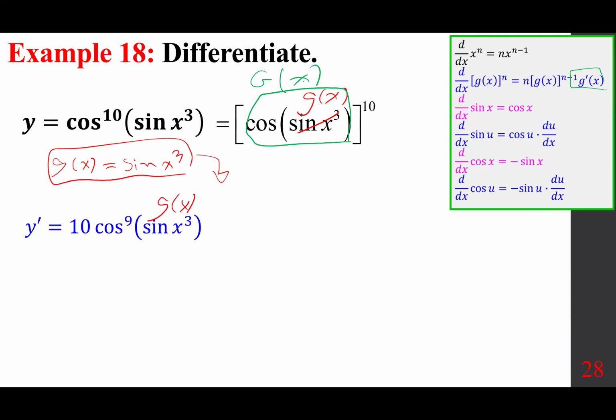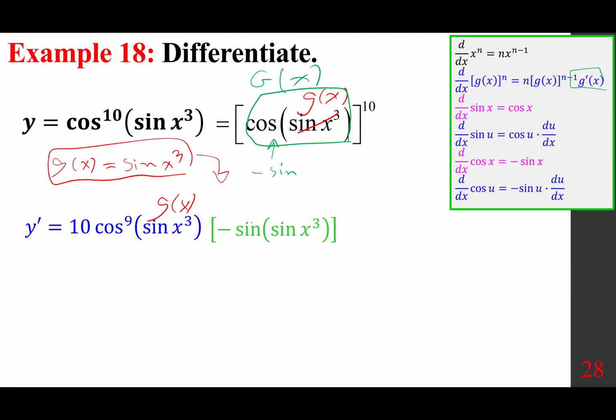So the derivative of cosine is negative sine. But negative sine of what? The same argument. That means negative sine of sine x cubed.